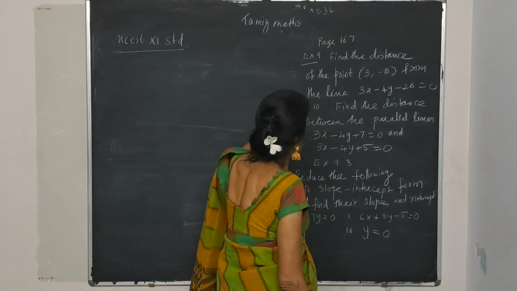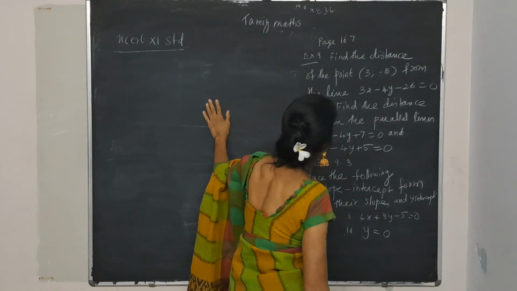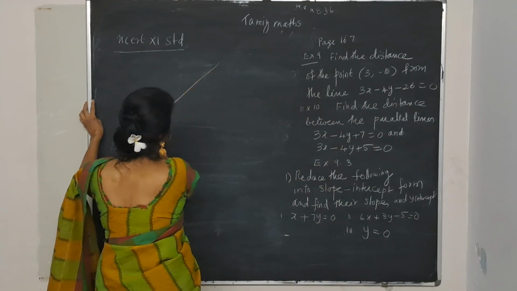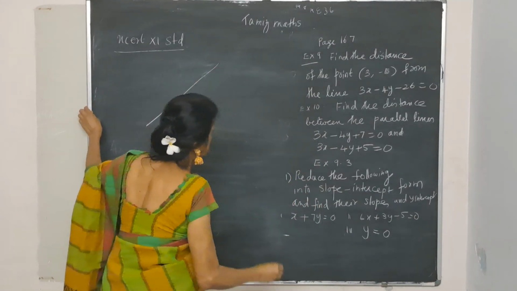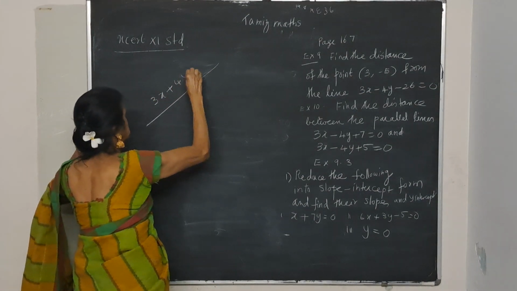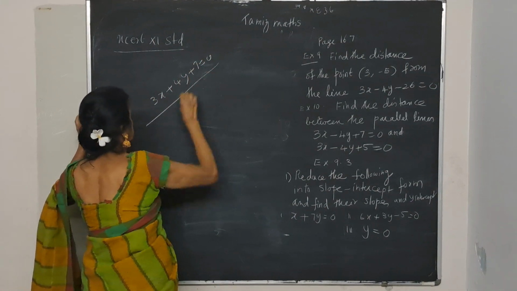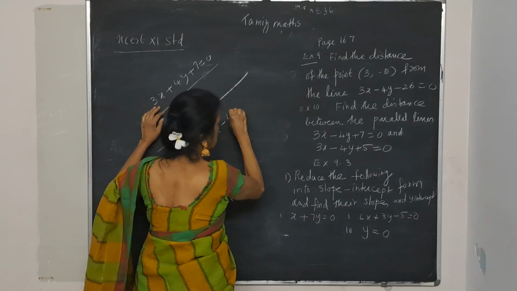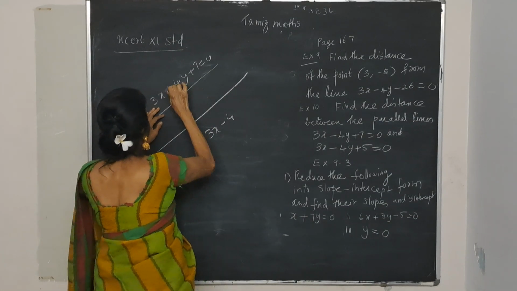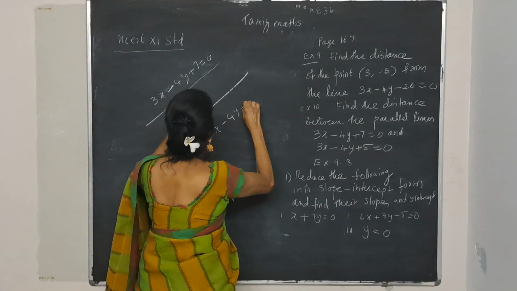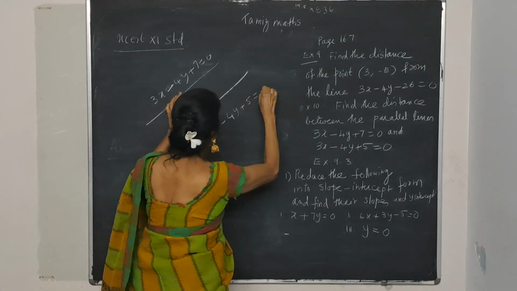Example 10. Find the distance between the parallel lines 3x minus 4y plus 7 equal to 0 and 3x minus 4y plus 5 equal to 0.